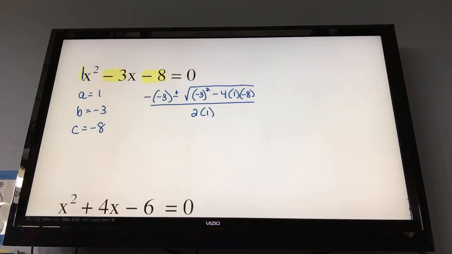And then I have 3 calculations to do. The first one, negative 3 becomes positive 3.